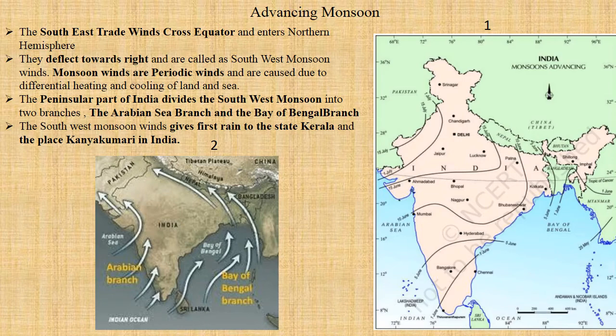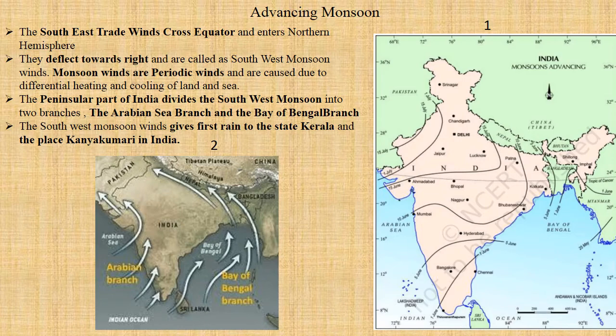If you look at map number 1, to the southern part of India, if you pay attention, the 1st June is the tentative period where the monsoon begins. It means the monsoon begins from the southern part of our country and proceeds ahead to the northern part of our country.